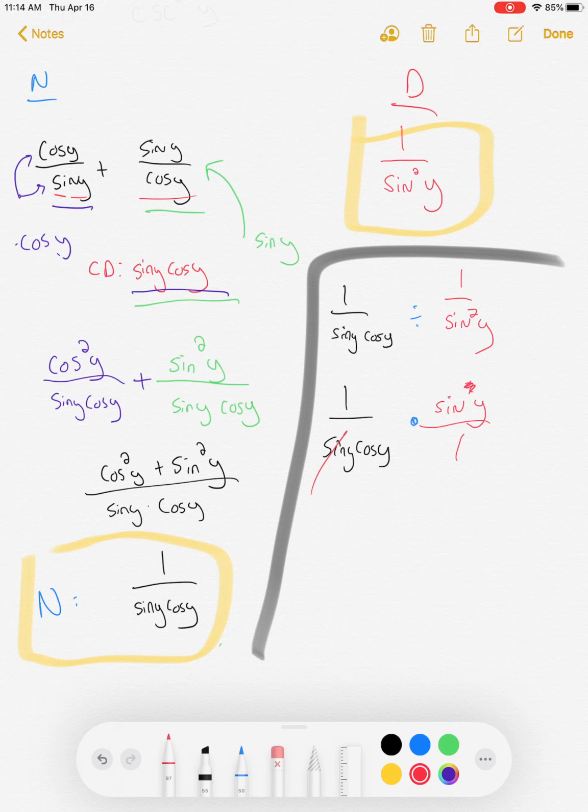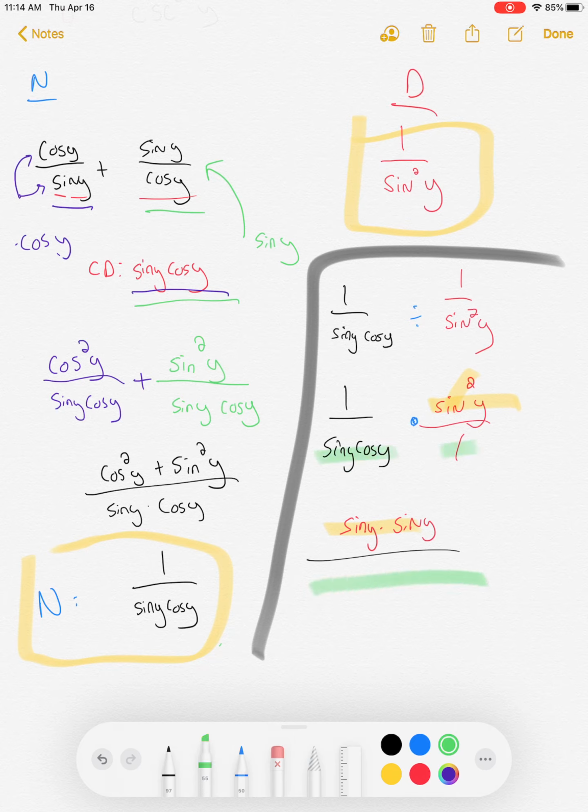So what can happen now is one sine crosses with my squared. Again, I'll do that a little slower. Sine squared is the same as sine of y times sine of y over, again, I'm just multiplying that by this one right here. 1 times sine squared y is this.